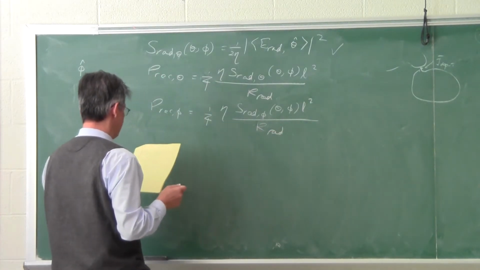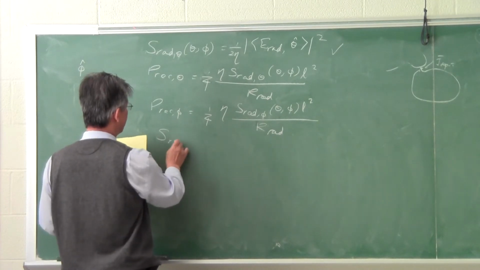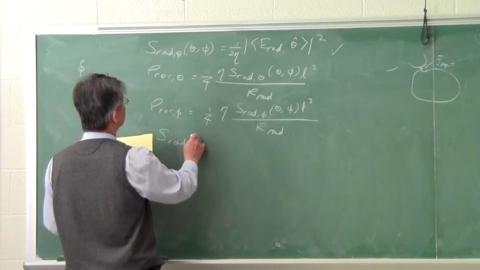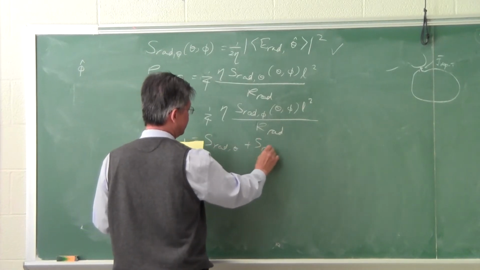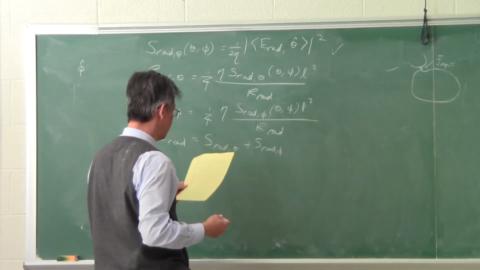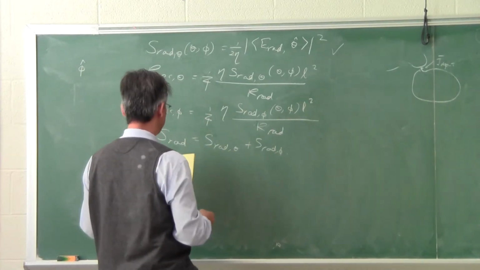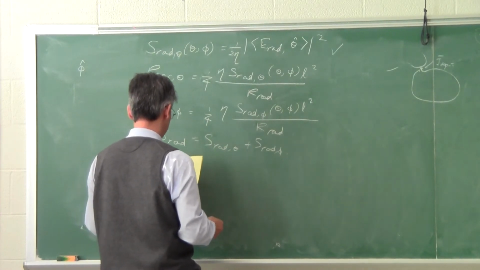Then the total power radiated would be the theta component radiated plus the phi component radiated. Just sum over the two.